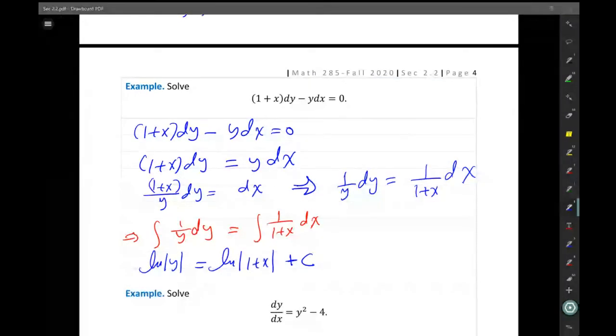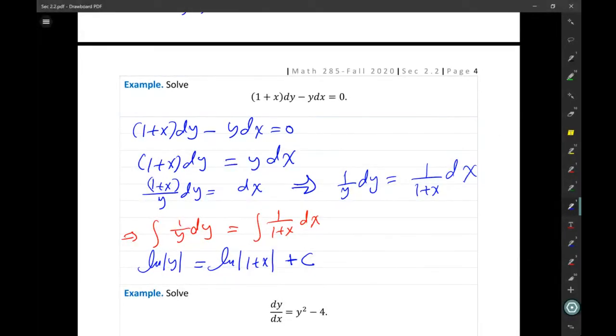Why from the side of x only? Because if we added c from the side of y, we will call it c1, and another c2 from the side of x. You will take the c from the side of y to the other side. It becomes another constant c.